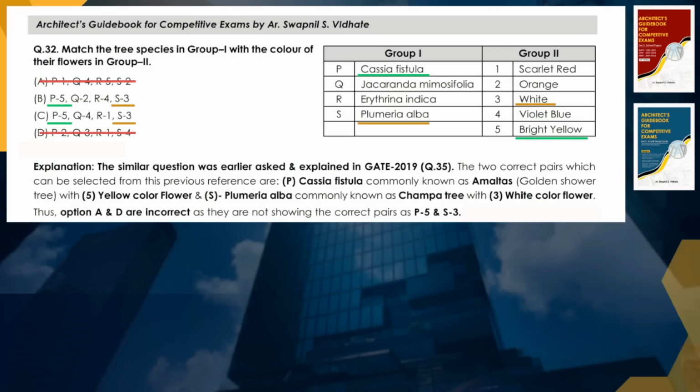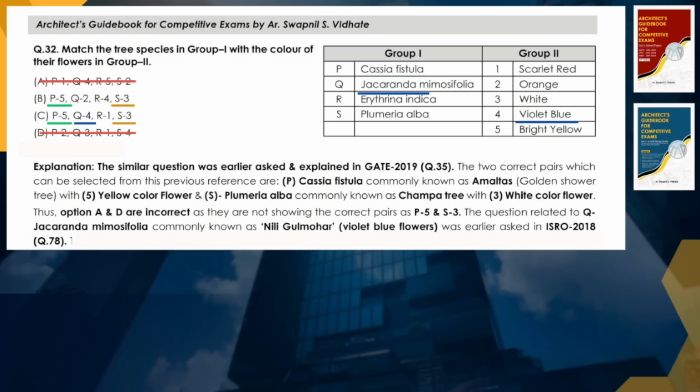We need to select the correct answer by matching the correct pair for the tree mentioned at Q and the tree mentioned at R with their respective flower colors, right? Now, the question related to Jacaranda mimosifolia was previously asked in ISRO 2018. What is the common name of Jacaranda mimosifolia? It is Nili Gulmohar.